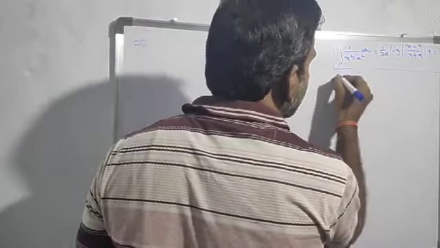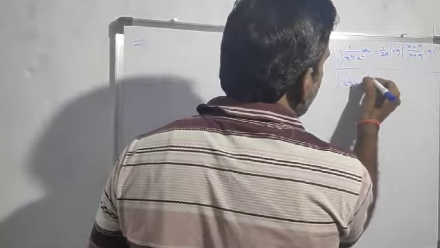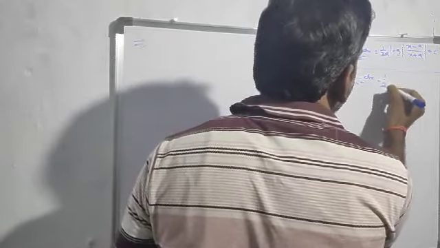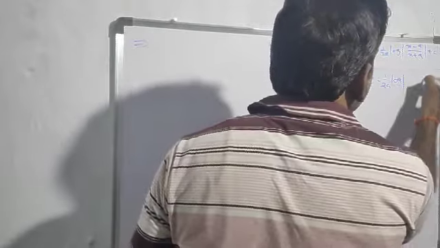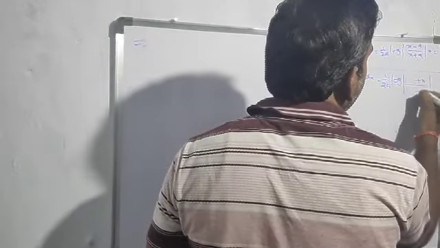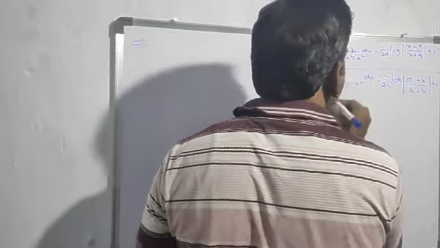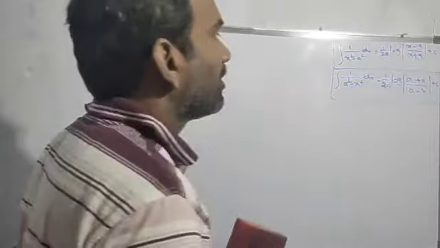You just revise that integration of 1 by (a square minus x square) into dx equal to 1 by 2a log of modulus of (a plus x) by (a minus x), plus c. This is our formula.